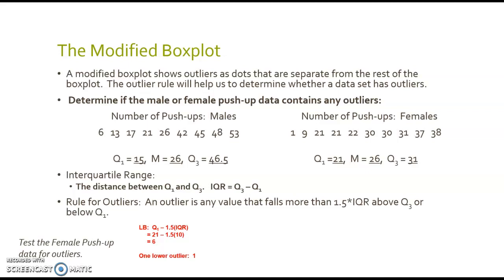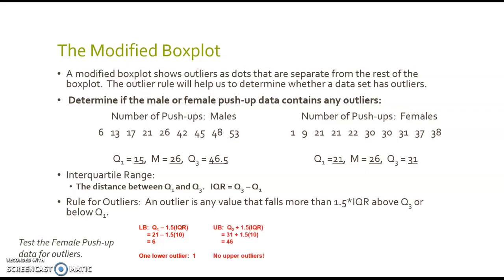Well, clearly we see that there is a young lady in our data set who could only do one push-up. That's clearly less than 1.5 IQRs below Q1, and therefore that female's data value of 1 is an outlier.